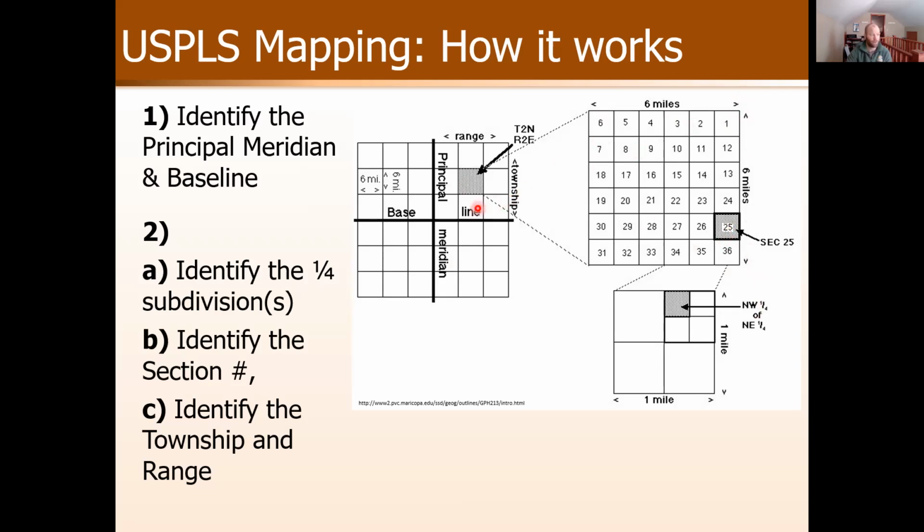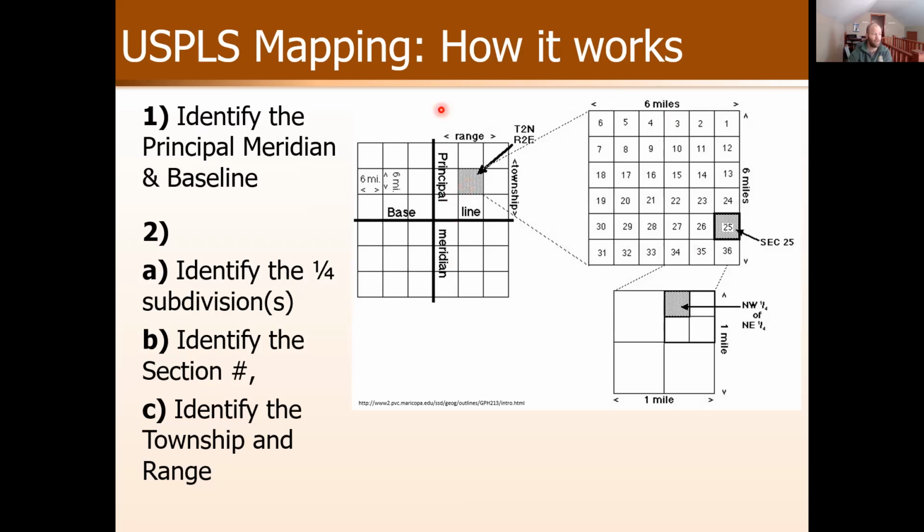So how this works: in this example, we find our principal meridian and our baseline, and we go to township 1 north, then township 2 north, township 3 north, and so on. So townships always go north or south. We've gone 1 township north of the baseline, 2 townships north of the baseline, so this gray area is 2 townships north of that baseline.